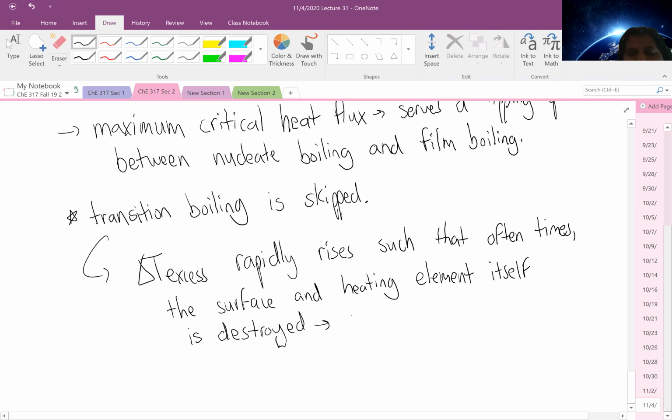This is also why we call the maximum critical heat flux the burnout point, because the element will literally burn itself out with the rapid rise in temperature.